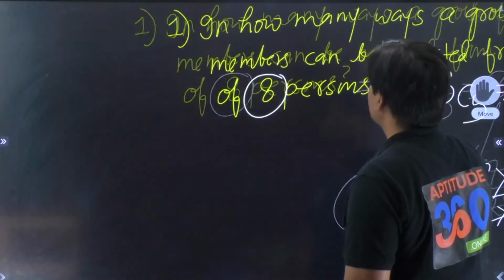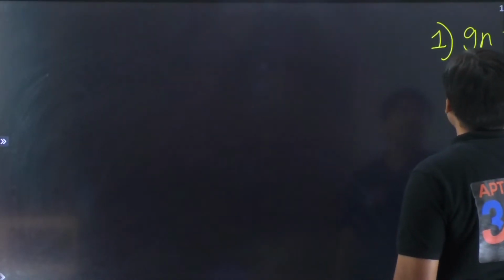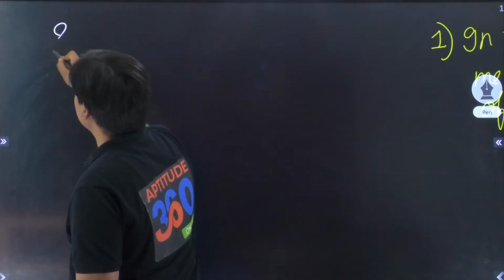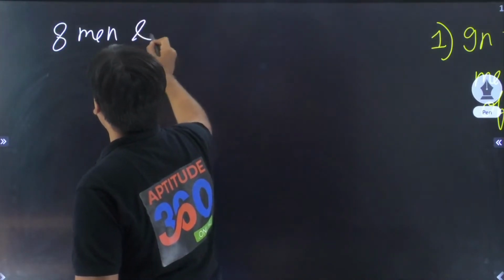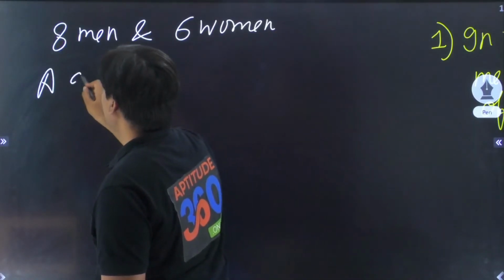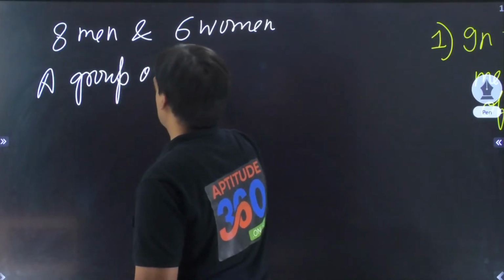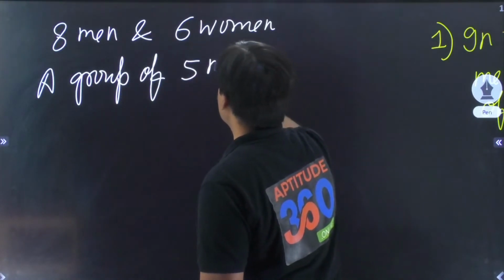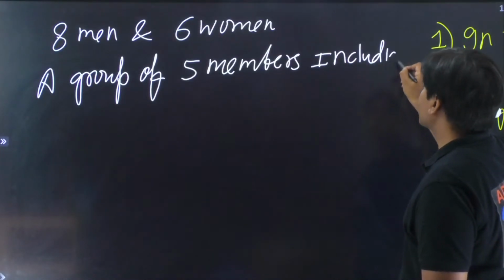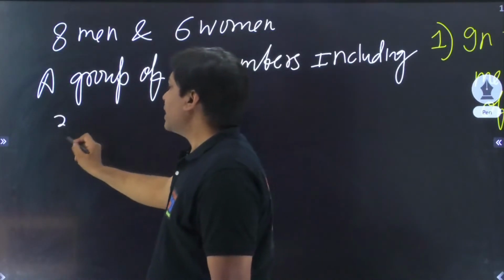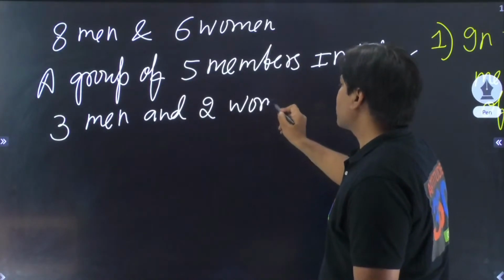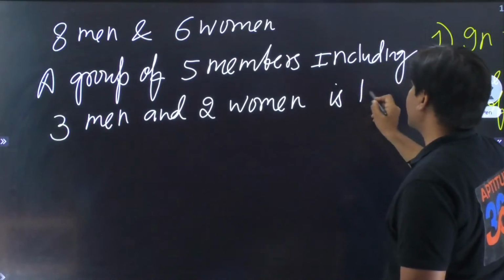What if there are 8 men and 6 women, and a group of 5 members, including 3 men and 2 women, is to be selected.